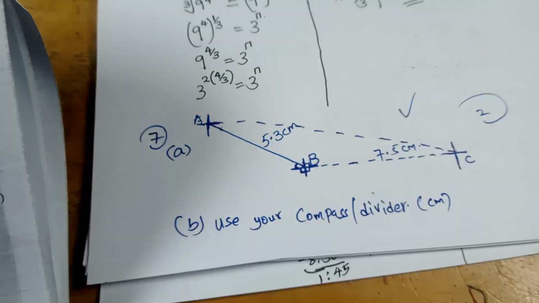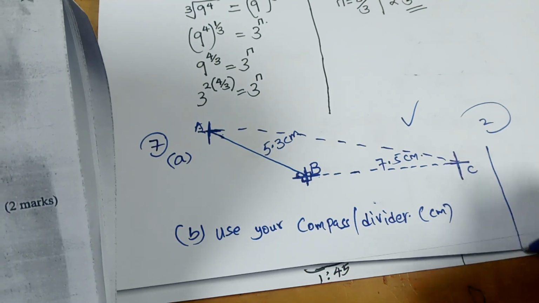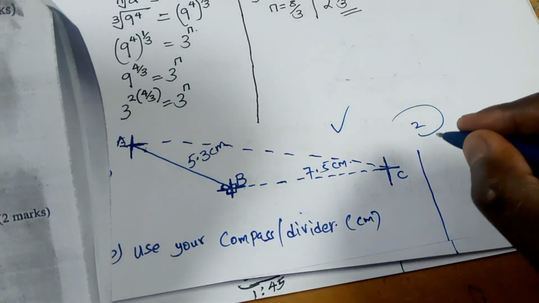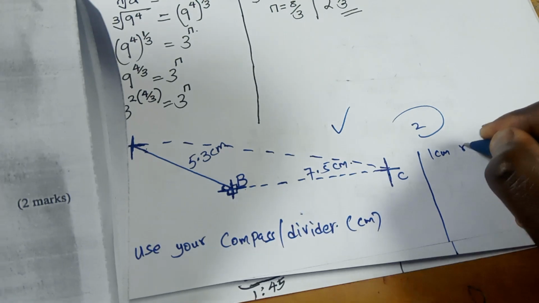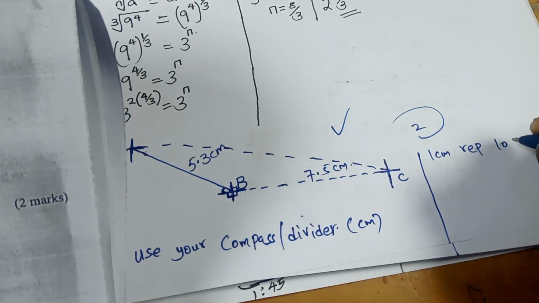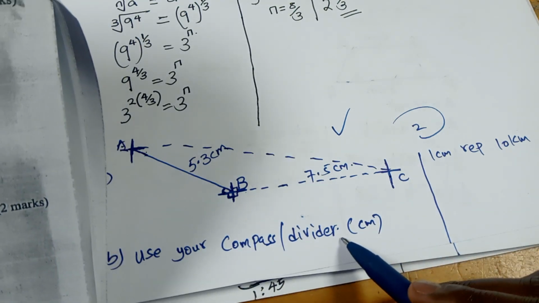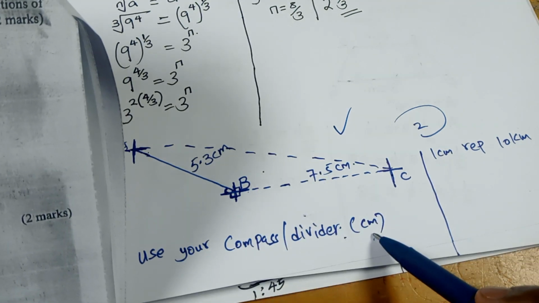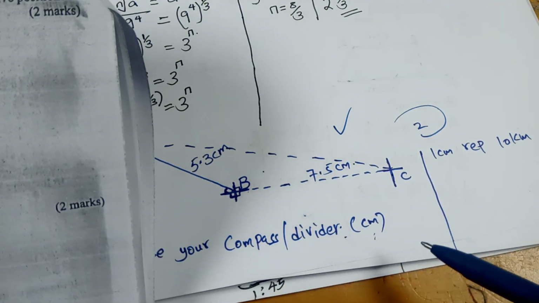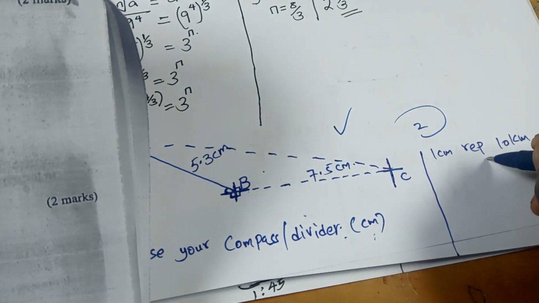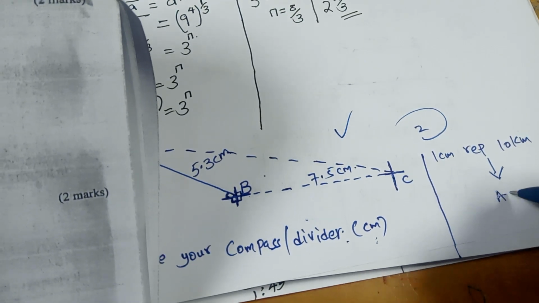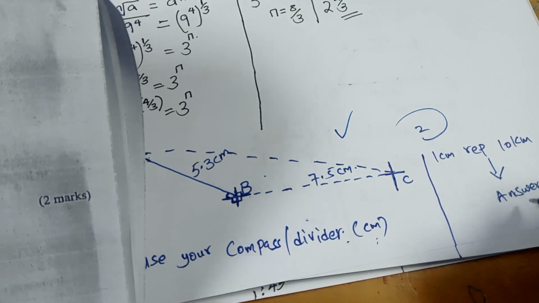Then use your scale, remember 1 centimeter represents 10 kilometers, to convert the distance from A to C in centimeters to the actual distance in kilometers. By doing that, you are going to get the right answer.